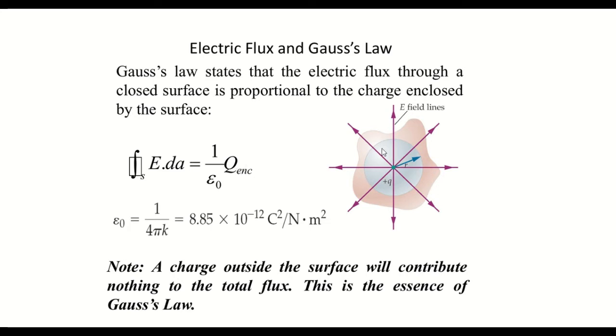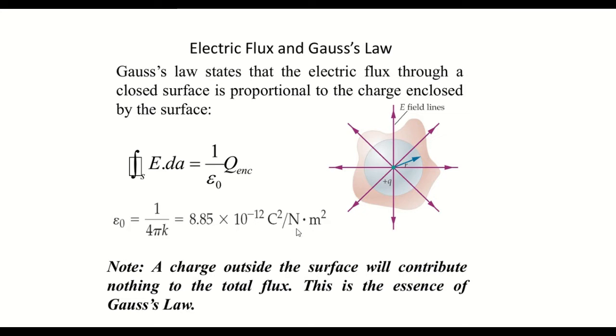If we consider this as an enclosed surface, then the total charge Q can be written in terms of the integration of E dot dA, where E is the electric field and dA is the surface area. If we do the integration over the whole surface S, it will be equal to 1 by epsilon naught Q.